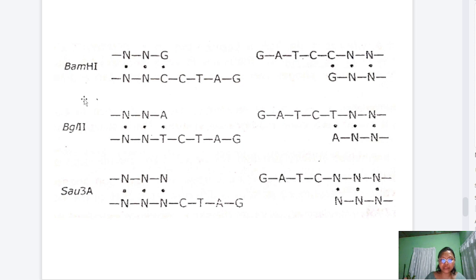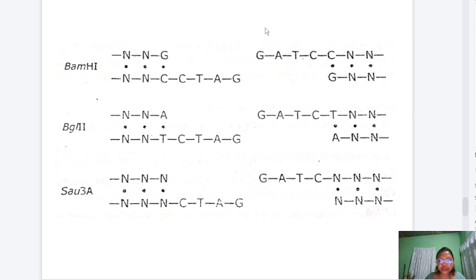So for BamHI, BglII and Sau3AI, if you look at BamHI, the first nucleotides are different, but then we have GATCC. Similarly for BglII, we have NN and then GATCT, and for Sau3AI, we have NNNGATC. But if you look at the overhangs, that is basically what isocaudomers are all about.